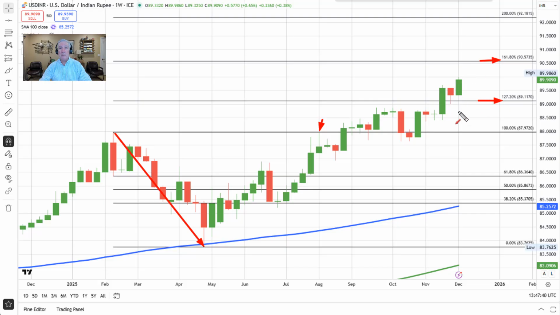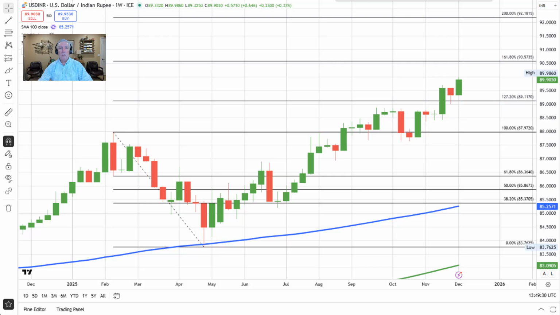And so you can see that the price is above the 127.2 level right through here. The next key target on the top side would be the 161.8% level right here. So that would be another key target on the top side if the momentum would continue.